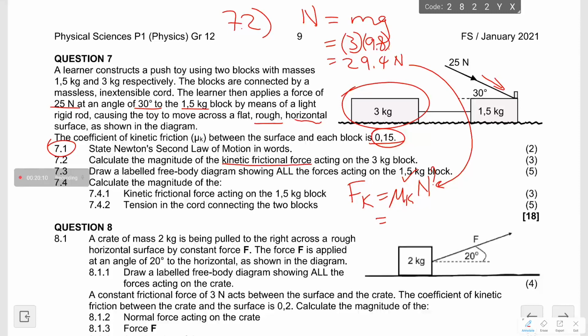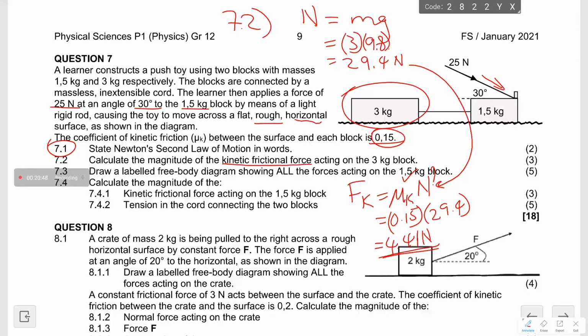Your coefficient of kinetic friction is 0.15 as provided, multiplied by the magnitude of the normal force, which is 29.4. And then you'll find the answer to be 4.41 newtons. So it's as easy as it looks. We have now determined the magnitude of the kinetic frictional force as required by the question.